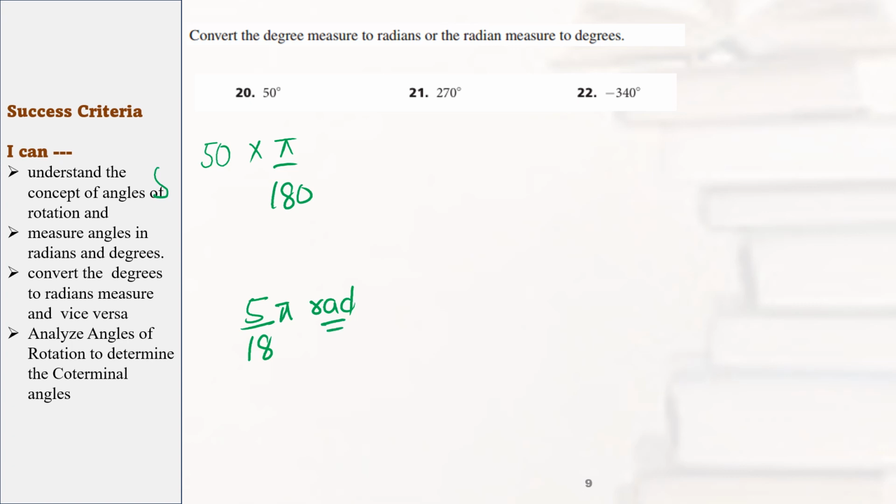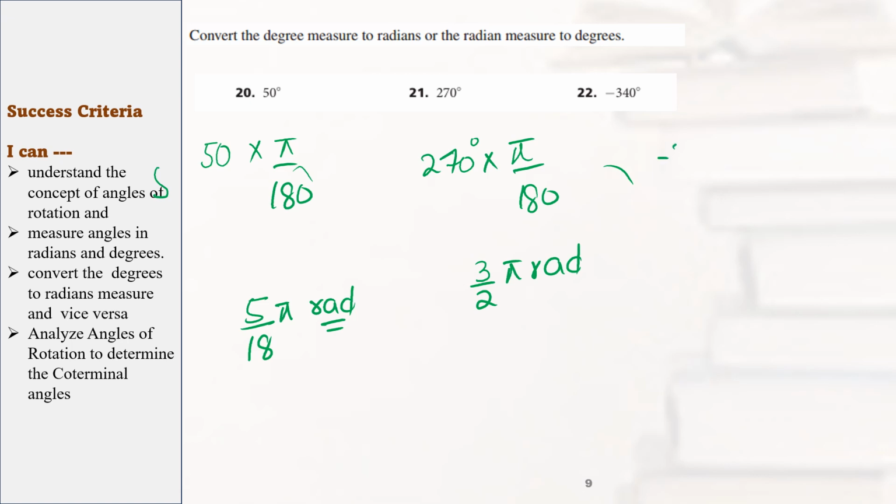Then similarly, write here 270 degrees. Multiply it by pi over 180, so you will get 3 over 2 pi radians.